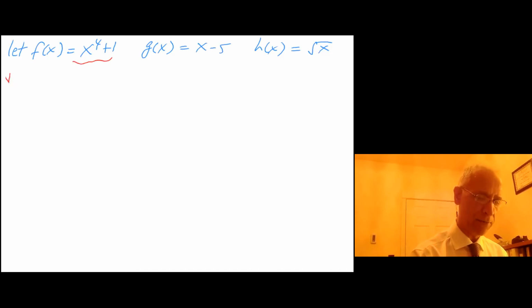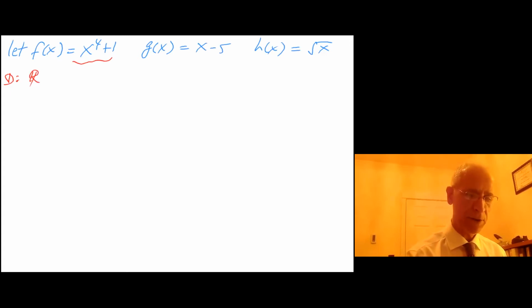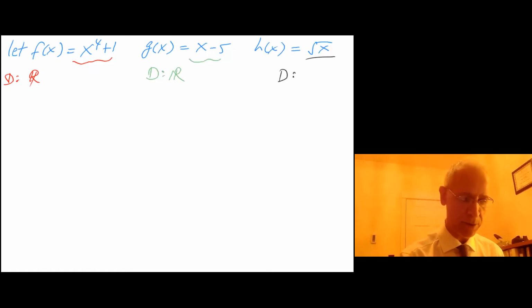So the domain for f of x is all real numbers, negative infinity to positive infinity. Same thing for g of x. Let me change color. So the domain is all real numbers. But for h of x, the domain would be all positive real numbers and 0. So it's going to be from 0 to infinity.